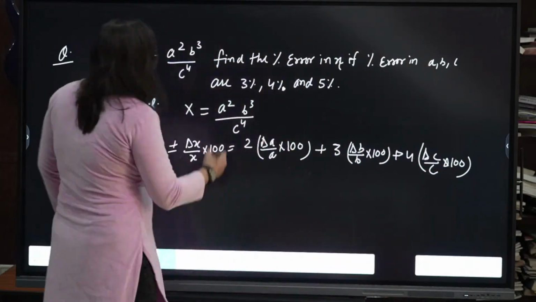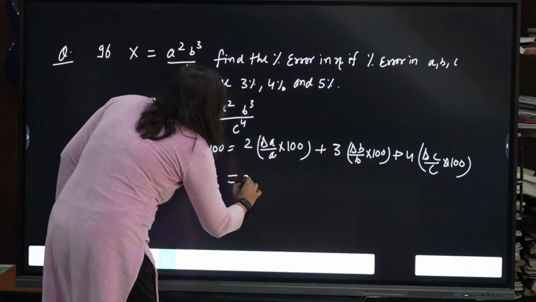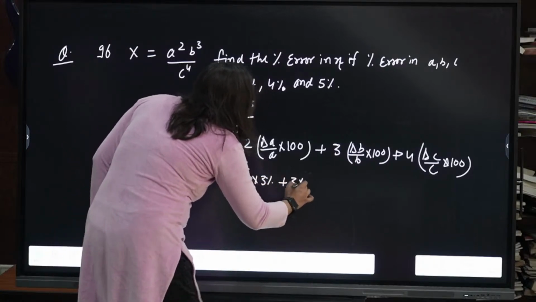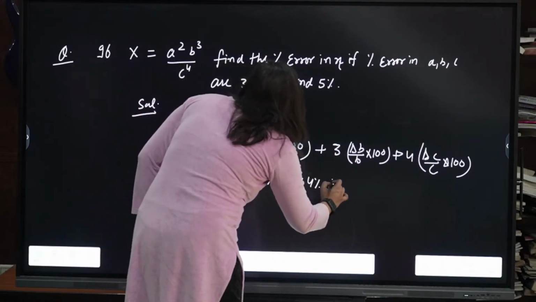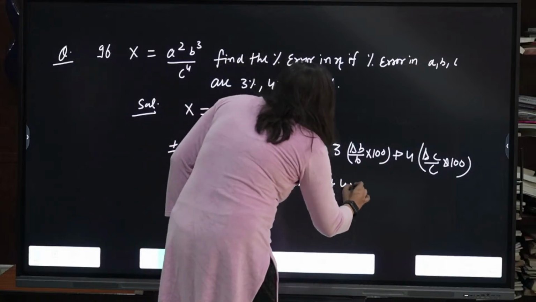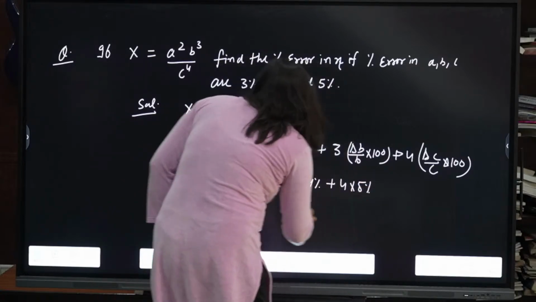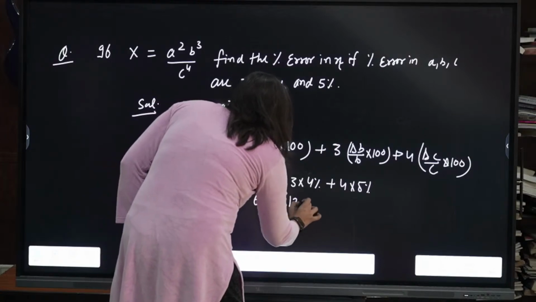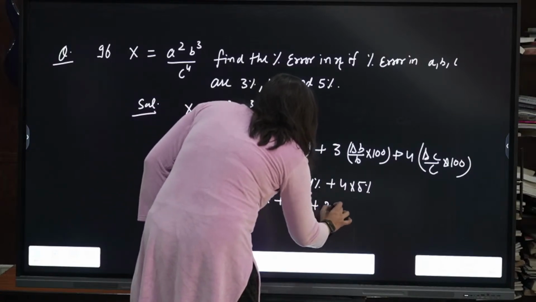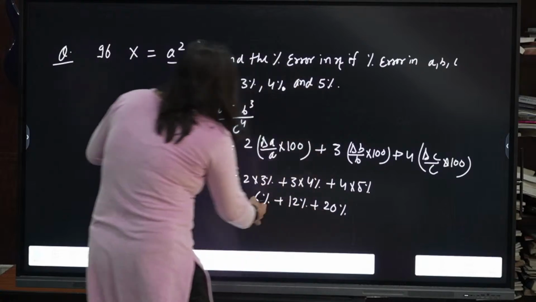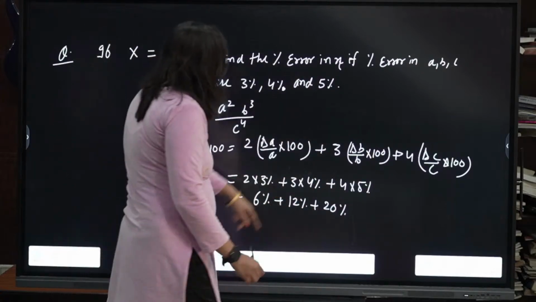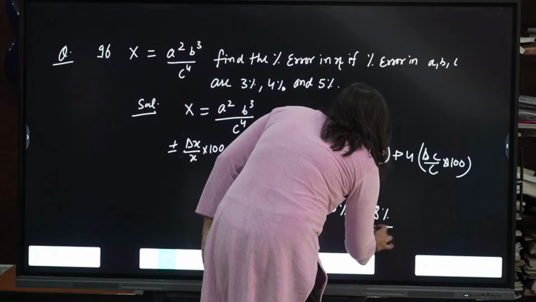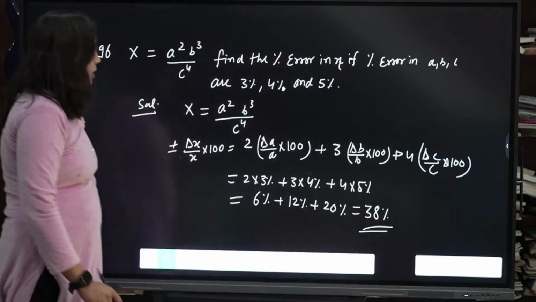Directly you apply its value. Percentage error in A here 2 into 3% plus 3 into 4 and plus 4 into 5. 6 plus 12 plus 20. Then total 38%. It's the answer. It's so simple.